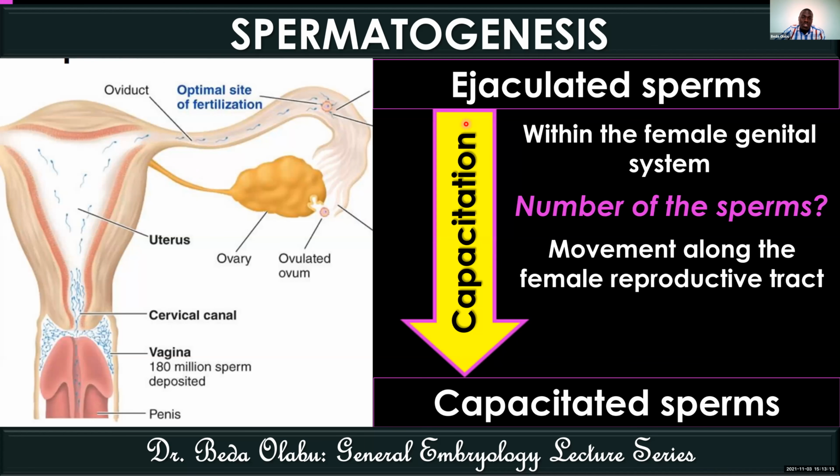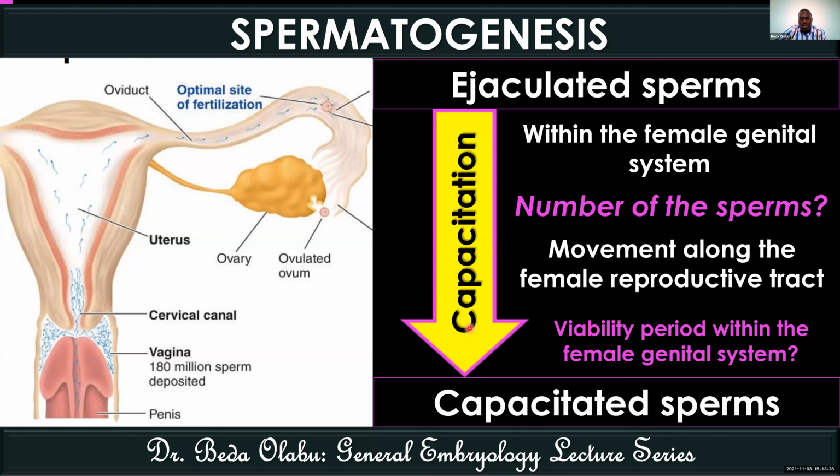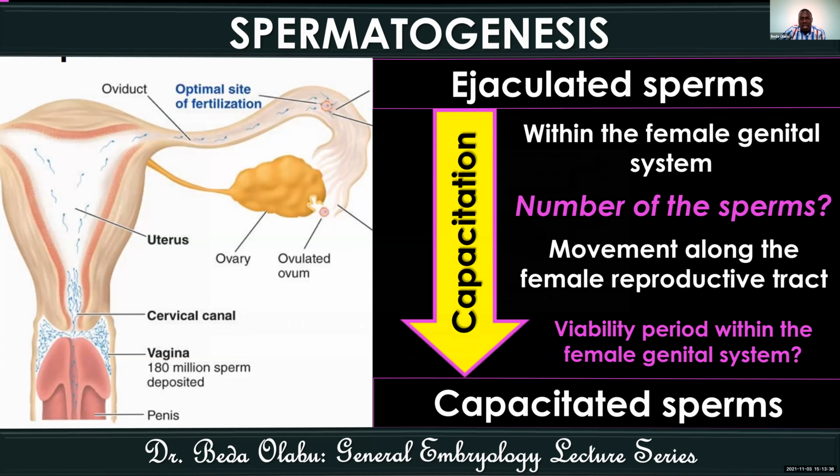And the last maturation step is known as capacitation. Now, what is capacitation? Capacitation is basically the removal of the glycoprotein material from the head of the sperm.